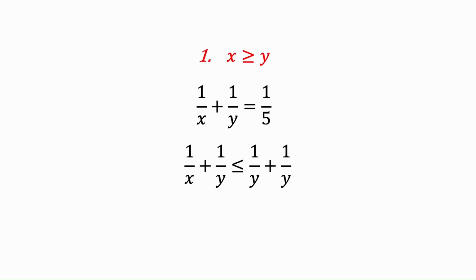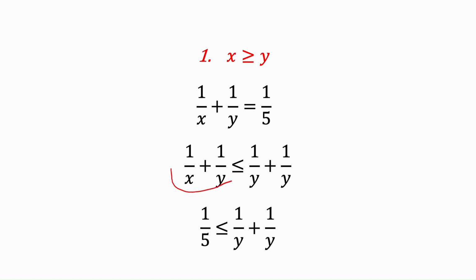For the first assumption, x is greater than y. Since x is greater than y, 1 over y is going to be greater than 1 over x. So we can write 1 over x plus 1 over y lower than 1 over y plus 1 over y. We exchange x and y here, and we know 1 over y is greater than 1 over x.